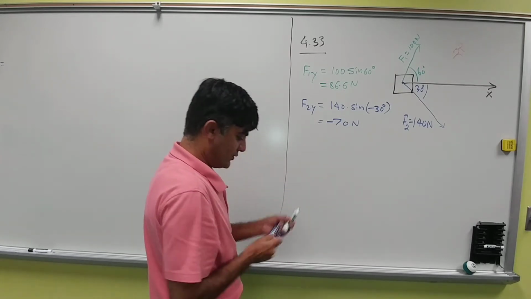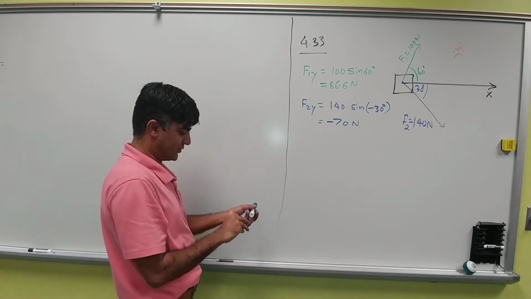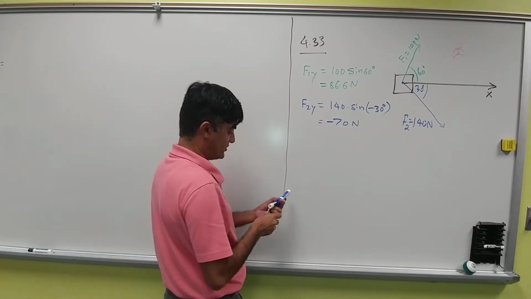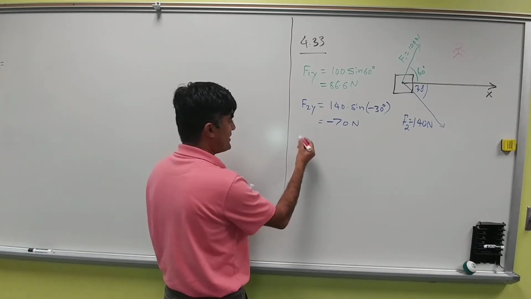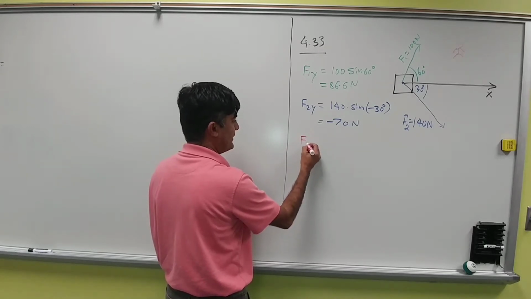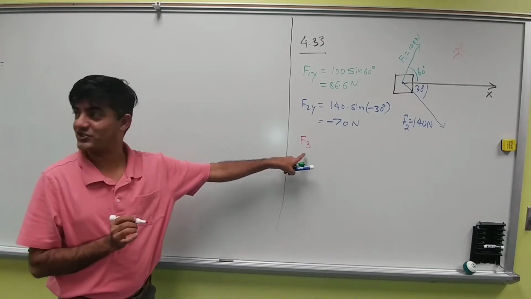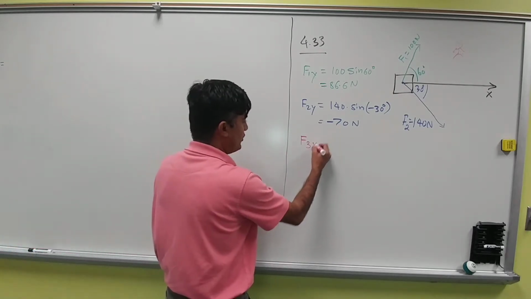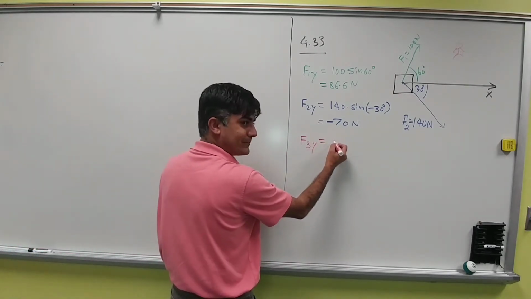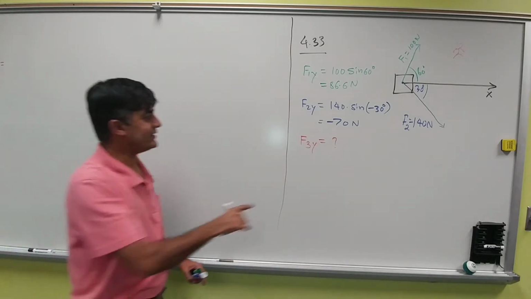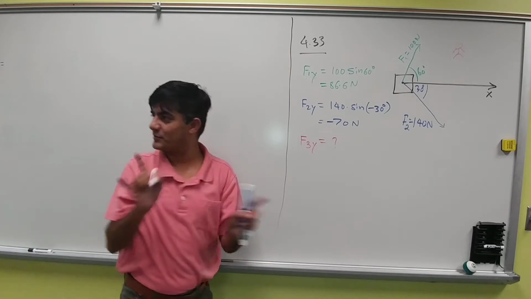Your child y is, let's say, F3. The child is red, right? This is F3, for the child. F3 along Y has to be something so that the total will be 0, because it's not moving in Y direction.